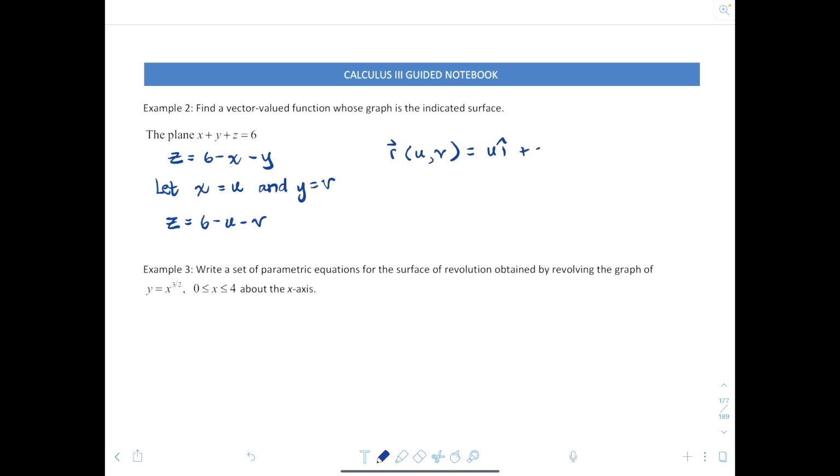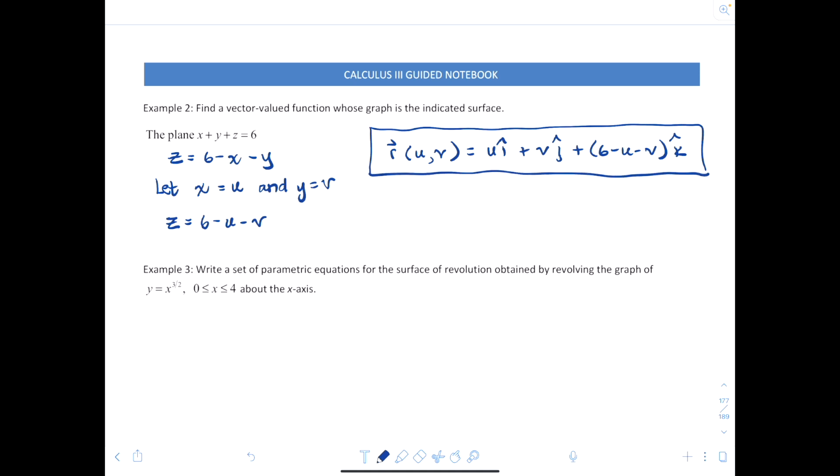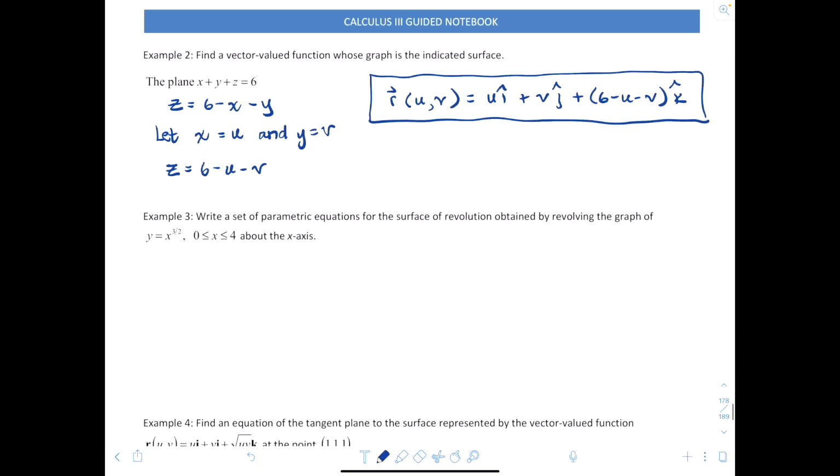And then v times j, and then z, remember, is all of this. So 6 minus u minus v times k. So kind of one of those so easy it's hard situations, right? All right. So next, example 3.